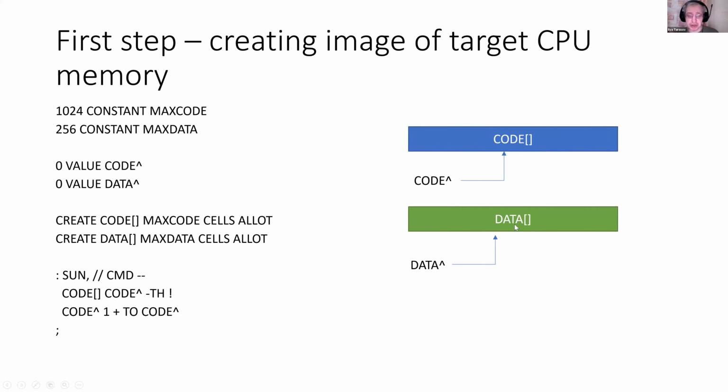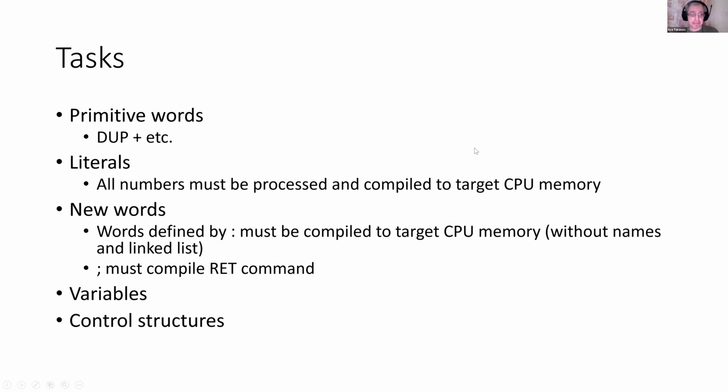It's not used in real simulation because usually data memory content is initiated by Forth code. And after creating two arrays, we can describe a very simple word, placing a command to the first empty array cell.